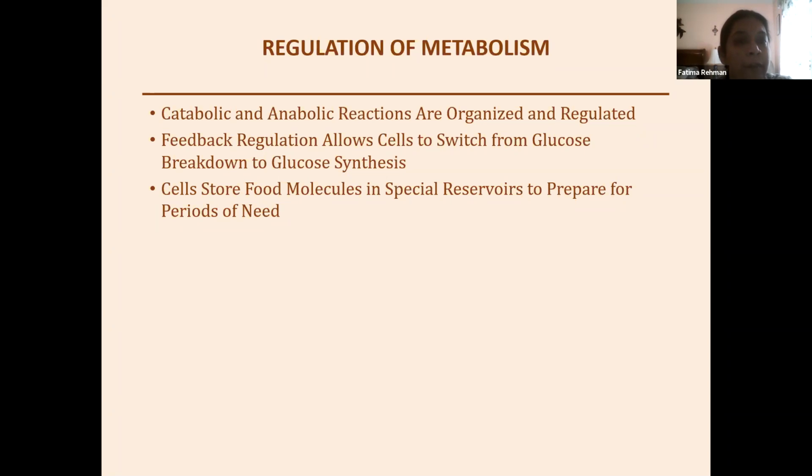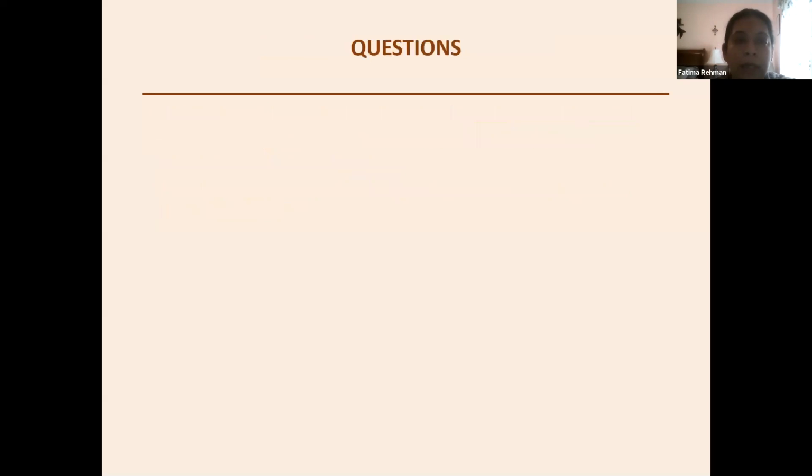Feedback regulation allows cells to go from breakdown of these macromolecules to release energy, or to make those macromolecules to store energy, depending on the need of the cell and what functions it needs to perform. Cells store these molecules in special reservoirs until there is a shortage, and then they can use them for energy.